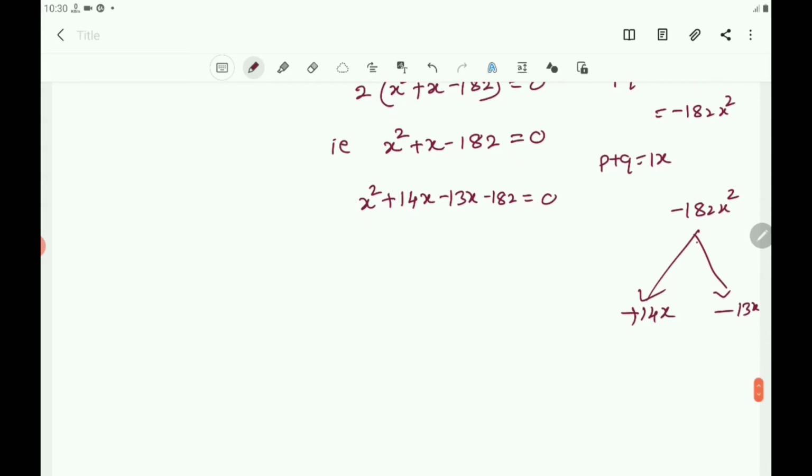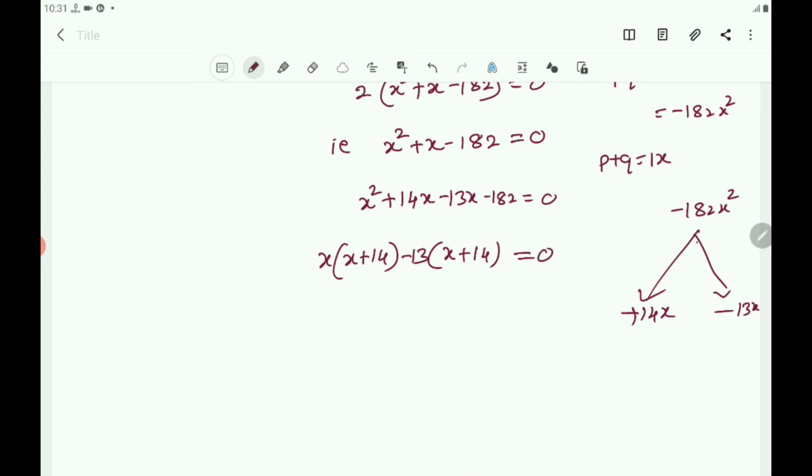Then make groups of two terms, and from the first you remove x common, getting x plus 14 in the bracket. From the second, minus 13 must be common, because minus 13 into 14 is 182. Outside the bracket there is a negative sign, so the sign changes, giving plus 14.